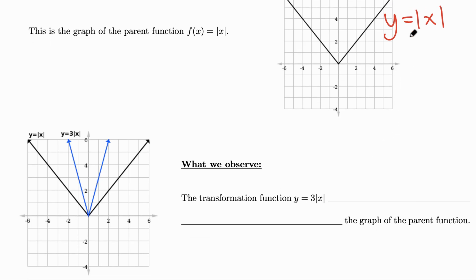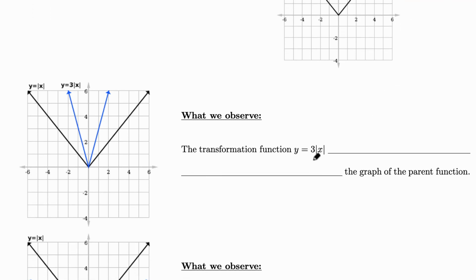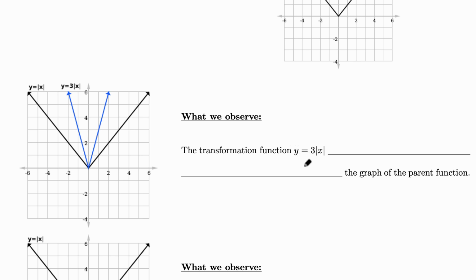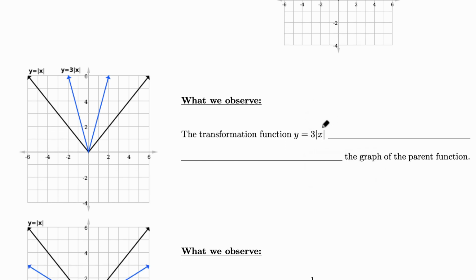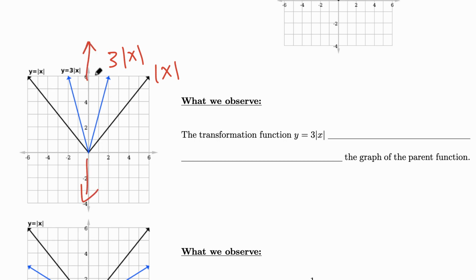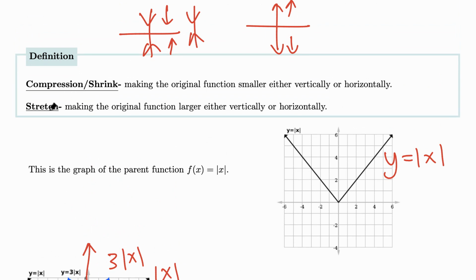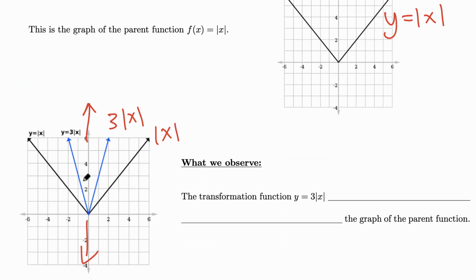If we multiply by a number outside, that means y coordinates will be 3 times, like we get this. So this is absolute x, this is 3 times absolute x. So this is like we are pulling the graph. This is stretching. So we are pulling up, down.